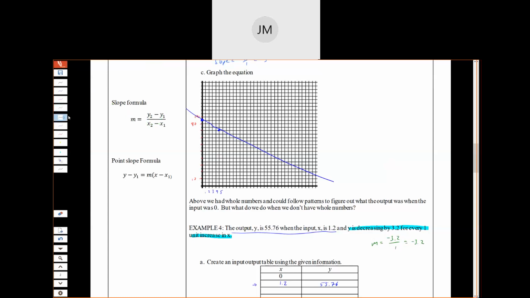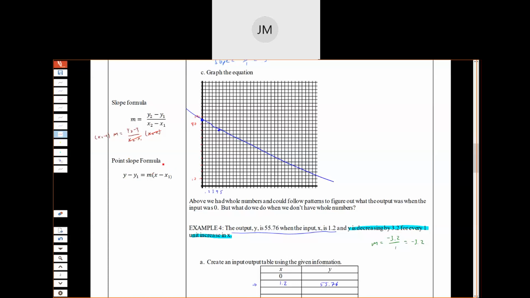If I take m equals y2 minus y1 over x2 minus x1, and multiply both sides by x2 minus x1, the denominator cancels, so I just have y2 minus y1. Flipping sides, I get y2 minus y1 equals m times x2 minus x1.